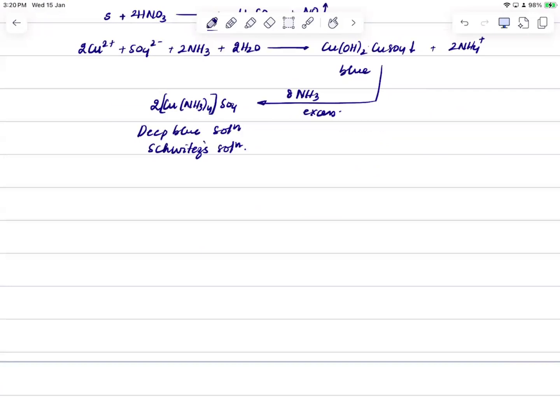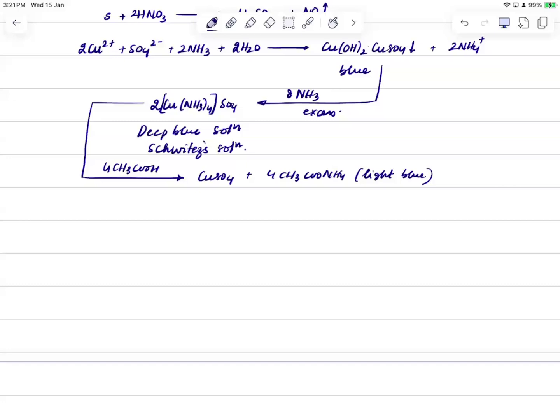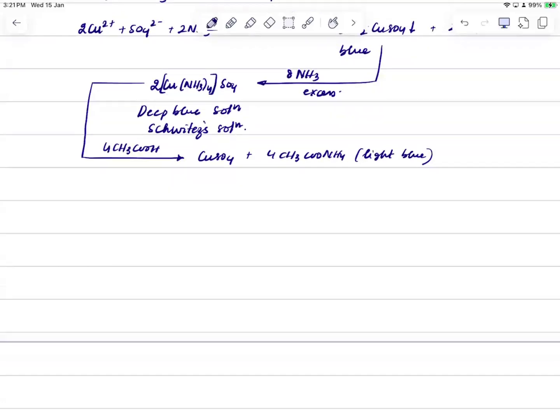Continuing further, if you pass this deep blue solution with acetic acid, 4 moles of CH3COOH, it will again convert back into copper sulfate solution and 4 moles of CH3COONH4. So now this solution will become light blue. Got it?